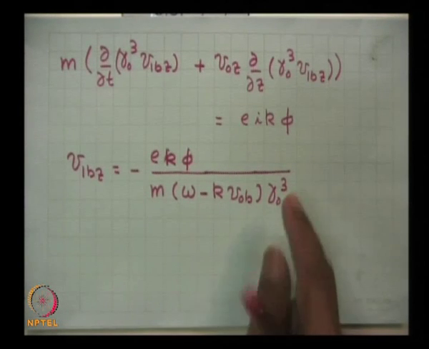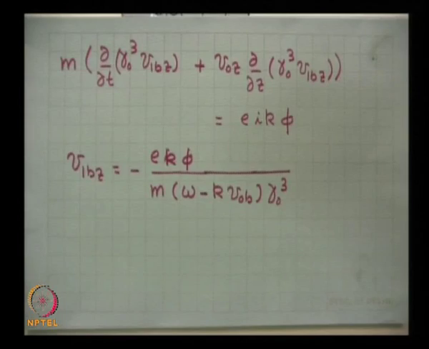Please understand what is the magnitude of gamma 0. For an electron, the rest mass energy is about half MeV. So if you have an electron with kinetic energy of half MeV, the total energy, rest mass energy plus kinetic energy, is 1 MeV.